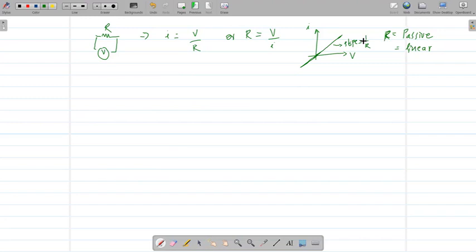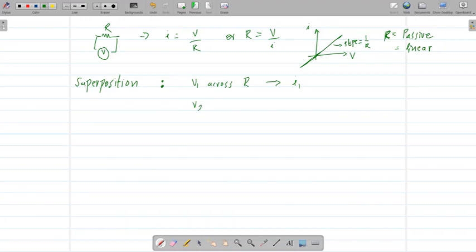The advantage of having something like this is that when I say it follows the superposition theorem, it means that if I apply a voltage V1 across R, it gives rise to a current I1.